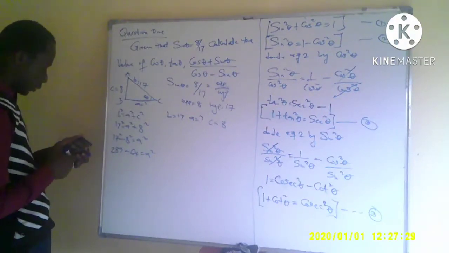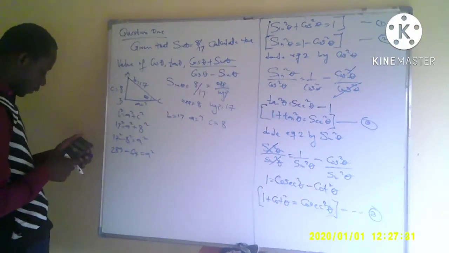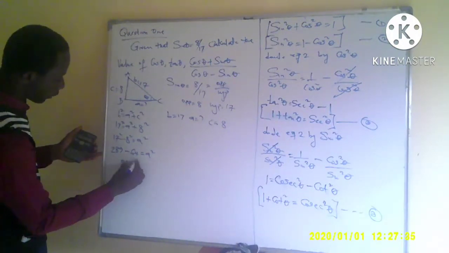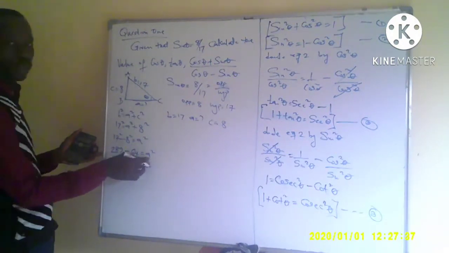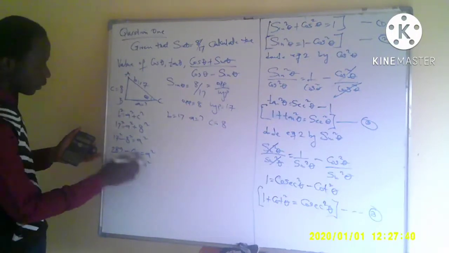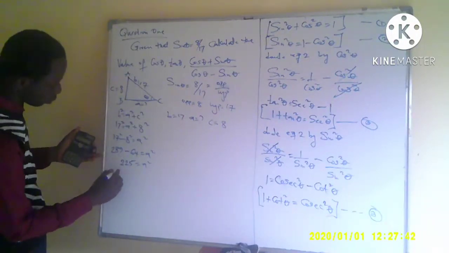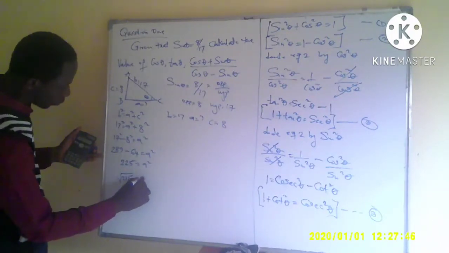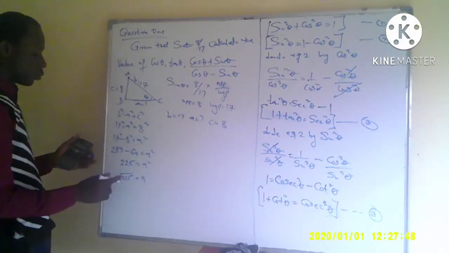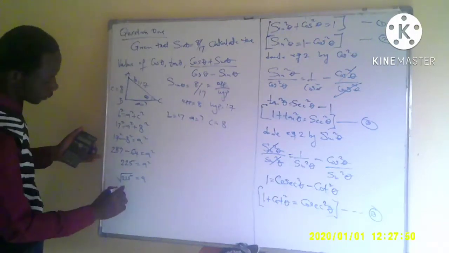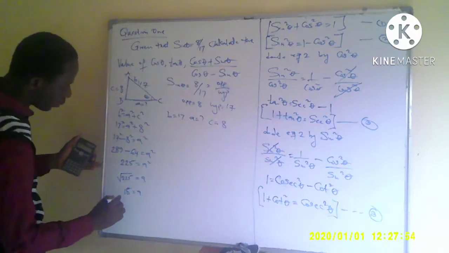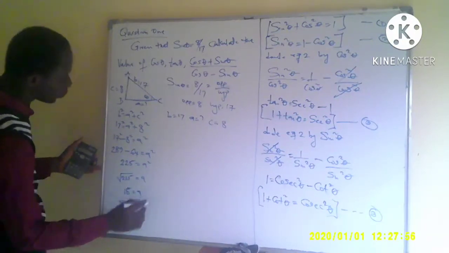So 289 minus 64 gives us 225. That's a squared. So we take the square root on both sides. Then this square goes to the other side and becomes root. So we have square root of 225 is equal to a. The square root of 225 gives us 15.